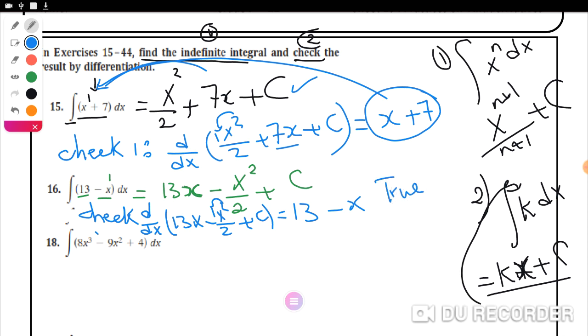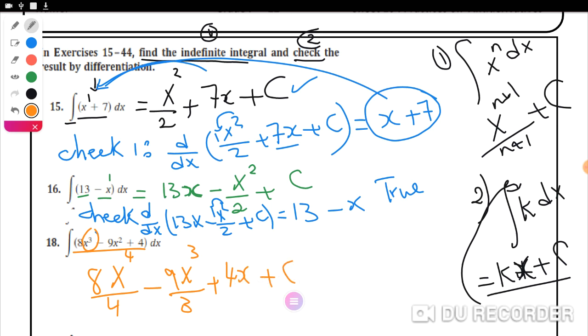I think it's easy up to now. Just apply these two rules I told you. How to integrate this polynomial function? It will be 8 times the integration of x to power 3, add 1, gives 4 over 4, minus 9 x to power 3 over 3, plus the integration of the constant, 4 multiplied by the variable of integration, plus c.